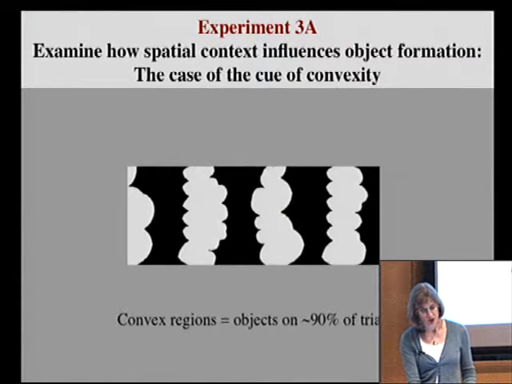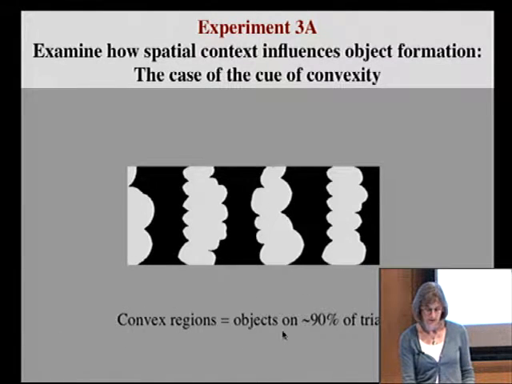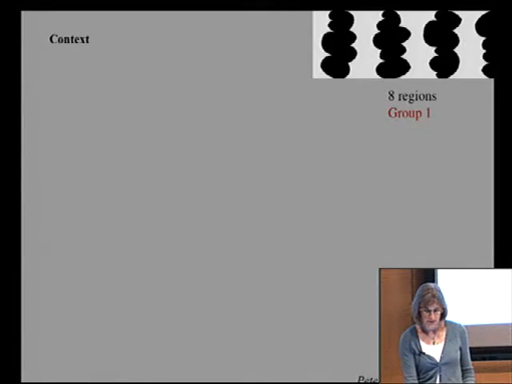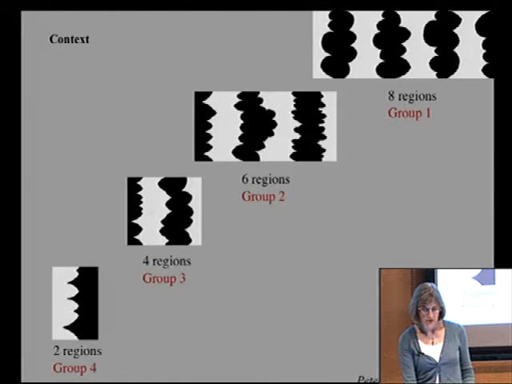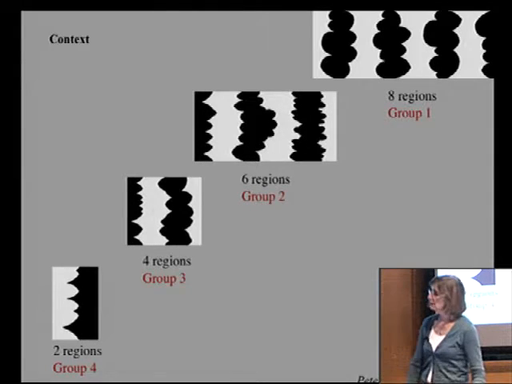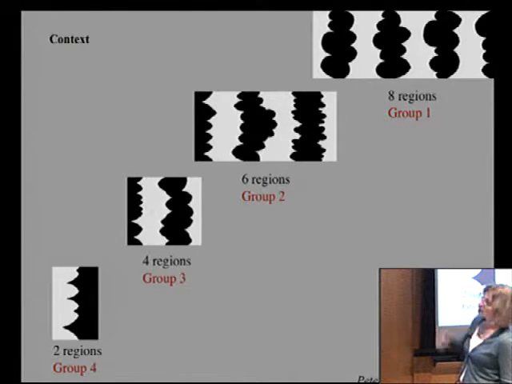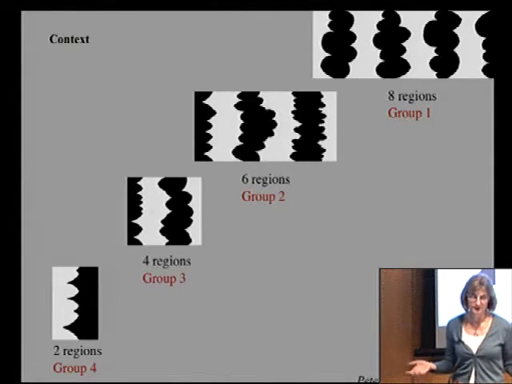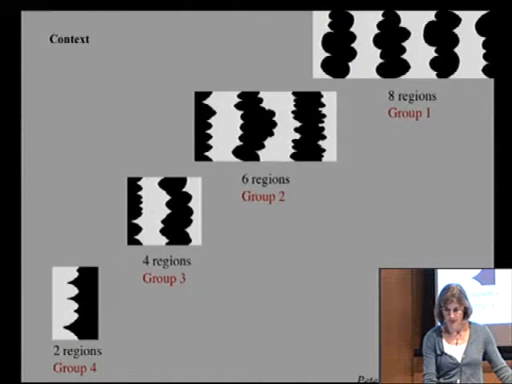But the Gestalt psychologists never asked whether decisions at one border were affected by what else was present in the scene. And we did. We tested 4 groups of subjects, and one of them we showed the classic 8-region displays, as I was showing you on a slide before.